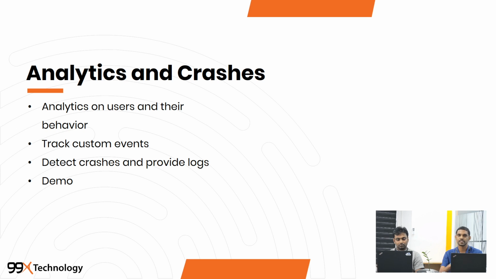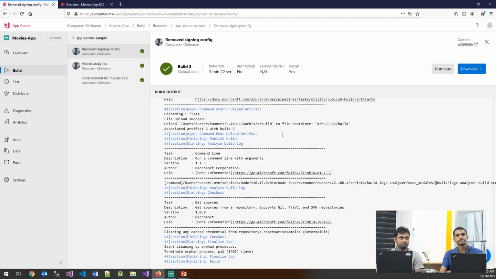But if you want a detailed crash, or you want to see what exception is thrown by the application, App Center provides those things. Whenever there's a crash, the next time users open the application, it will log that crash to App Center, and the developers can go and have a look at what has gone wrong. So let's have a look at these things on the web.